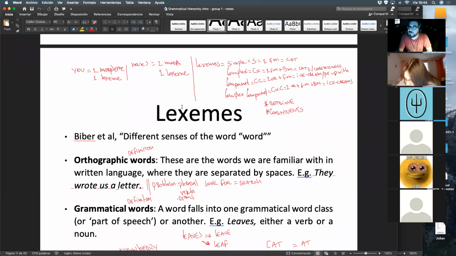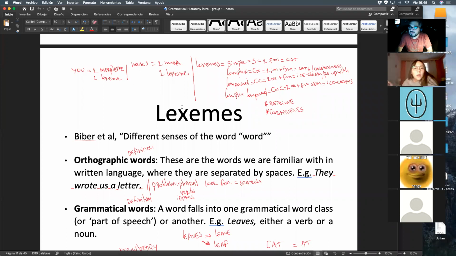Los lexemes, they can be further classified into 4 different categories, right? A lexeme can be considered to form part of a simple lexeme if it is composed or built by one single free morpheme, right? For example, the morpheme cat.